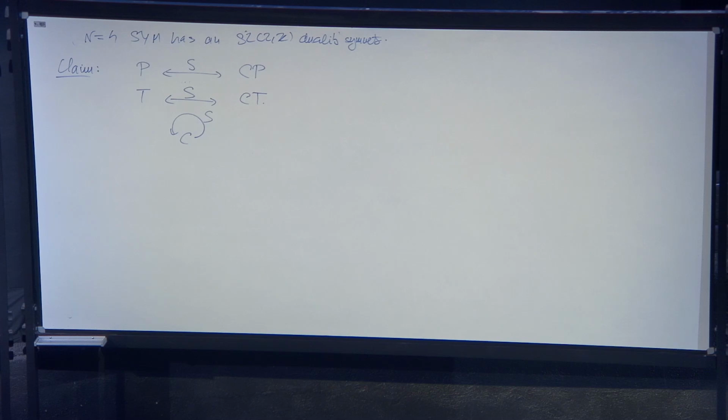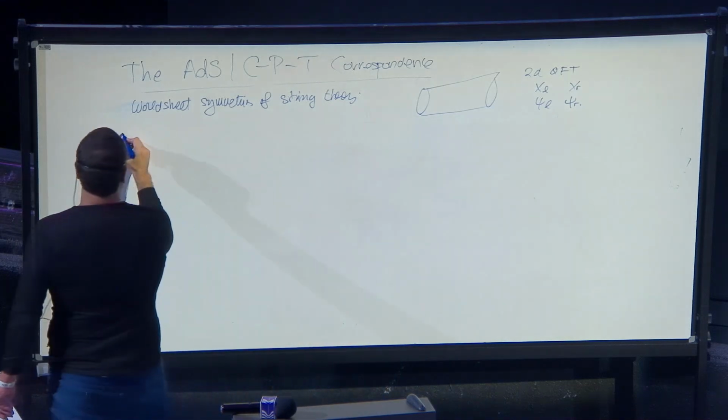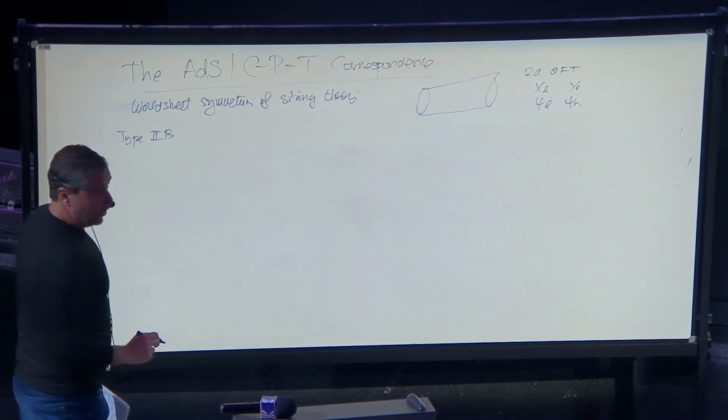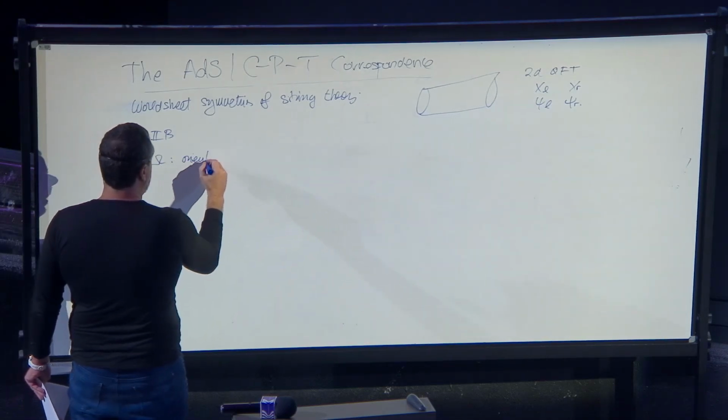It has fields, bosonic and fermionic, that are left movers and right movers. You're familiar with this from two-dimensional conformal field theory. Okay? So now, type IIB string theory has two symmetries that will be important for us. One is orientation reversal.